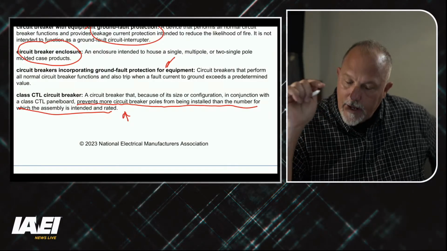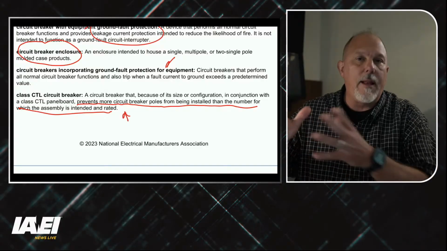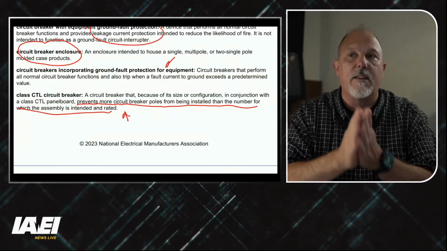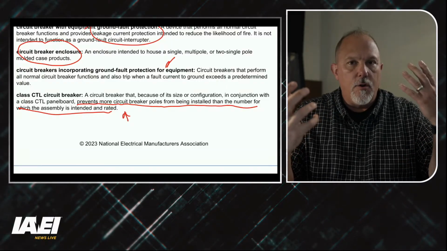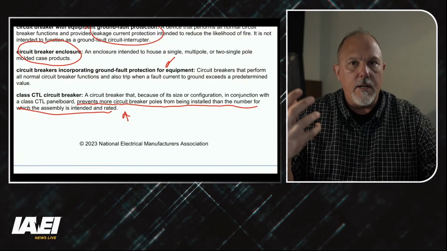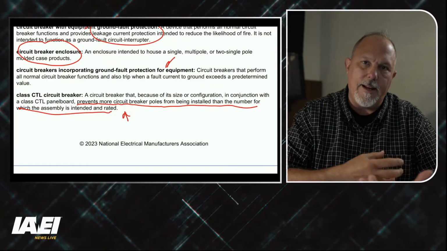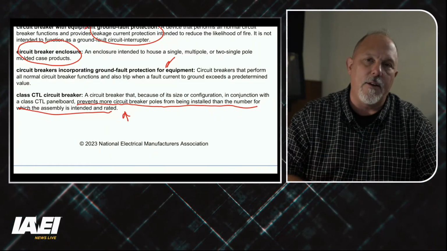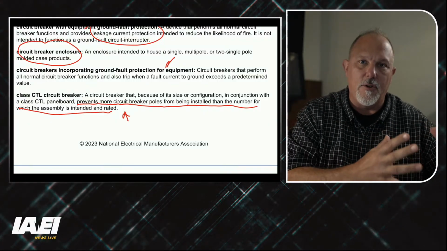So what I like about this discussion is it points out the fact that your circuit breaker and the equipment that you're going to marry it with, whatever you're going to put it in, I always say, I'm going to put it into a big gray box, the gray box.